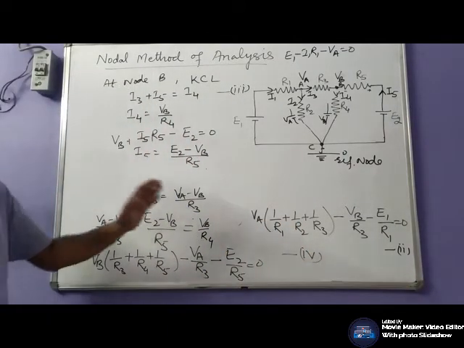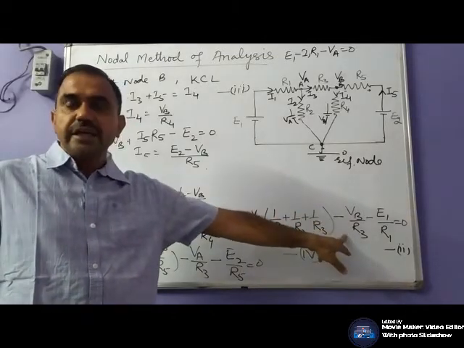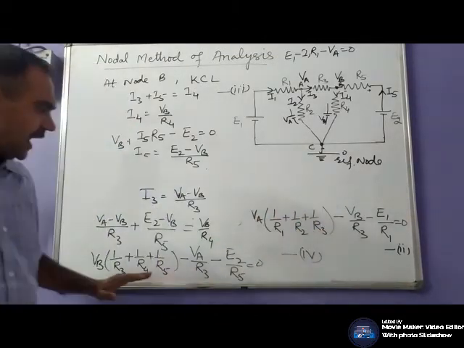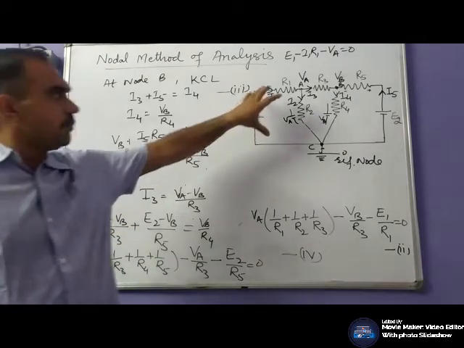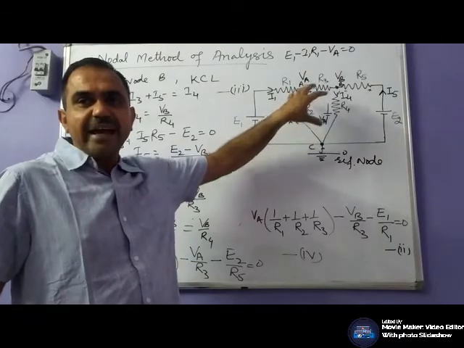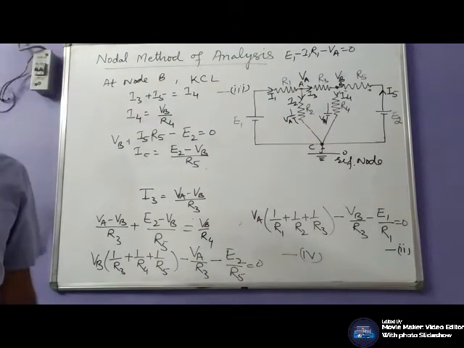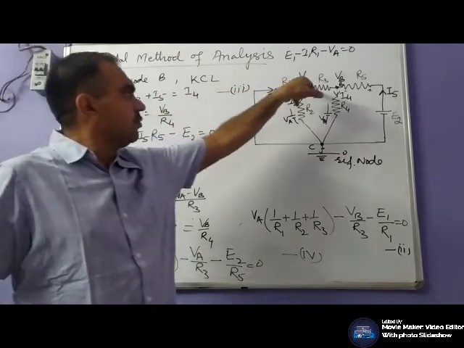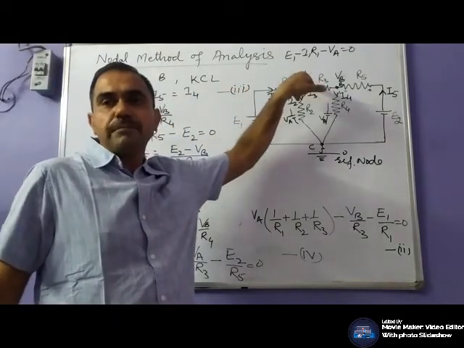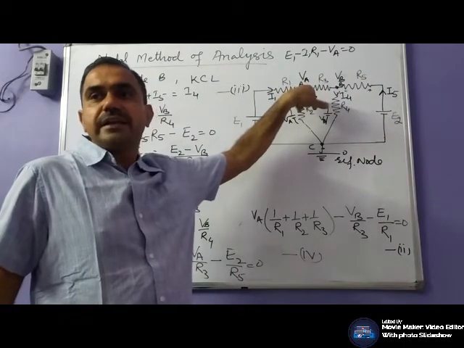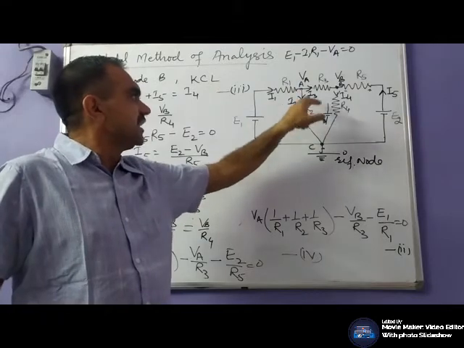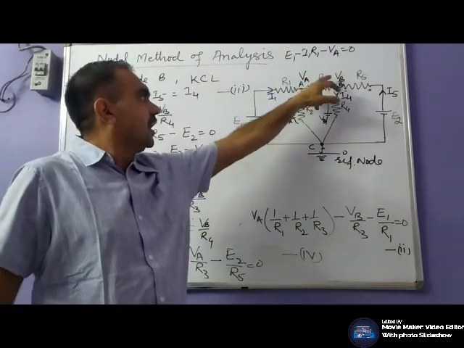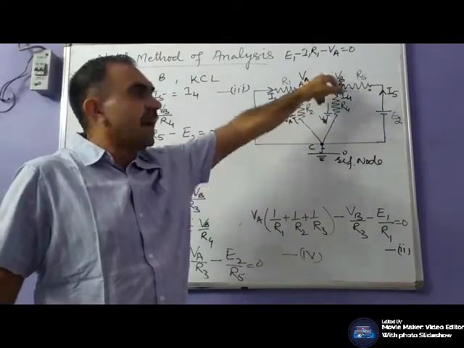Now look towards equation number 2 and equation number 4. When you solve the problems, you can write the equations directly. At node VA, for example, you are writing the equation. Which resistances are connected to VA? R1, R2 and R3.